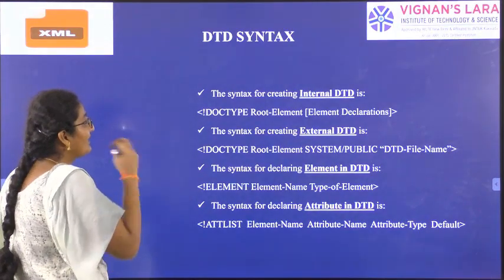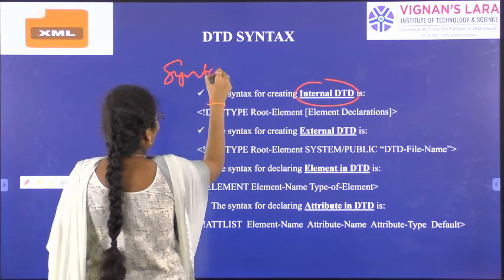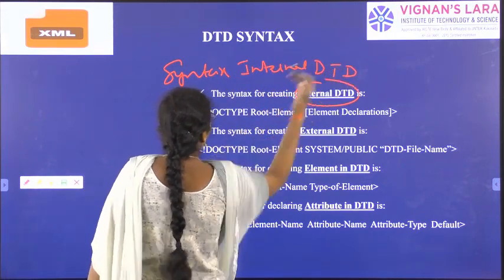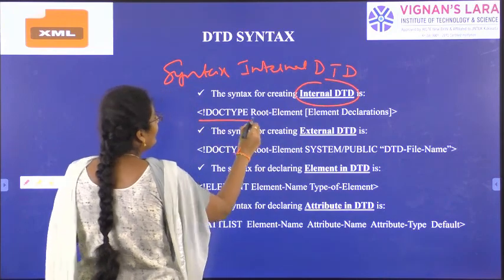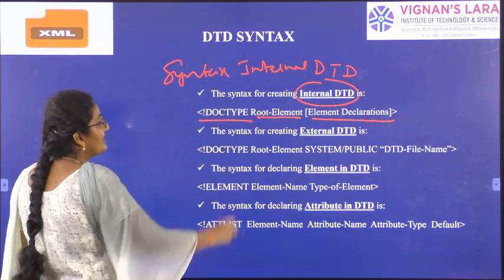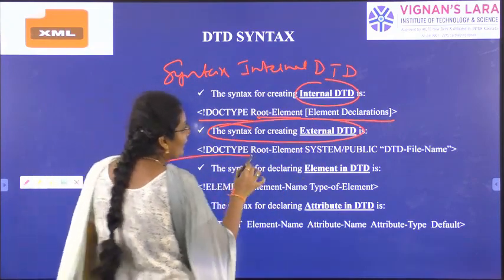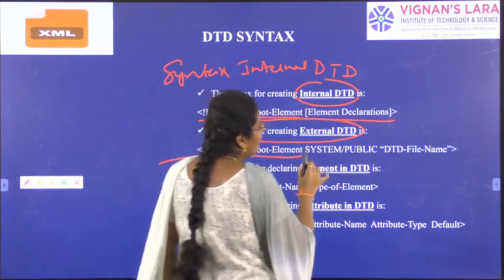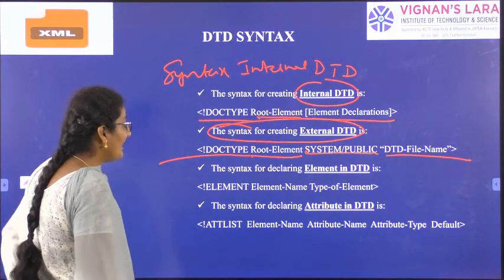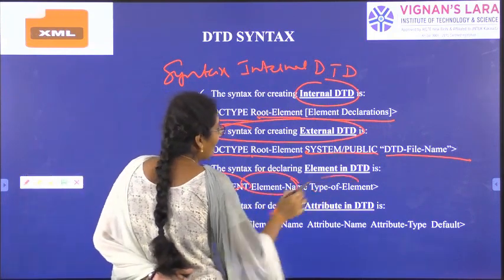The syntax for creating internal DTD is: document type, root element, element declarations. Syntax for external DTD: document type, root element, public, DTD file name. Syntax for declaring an element in DTD: element name, type of element.